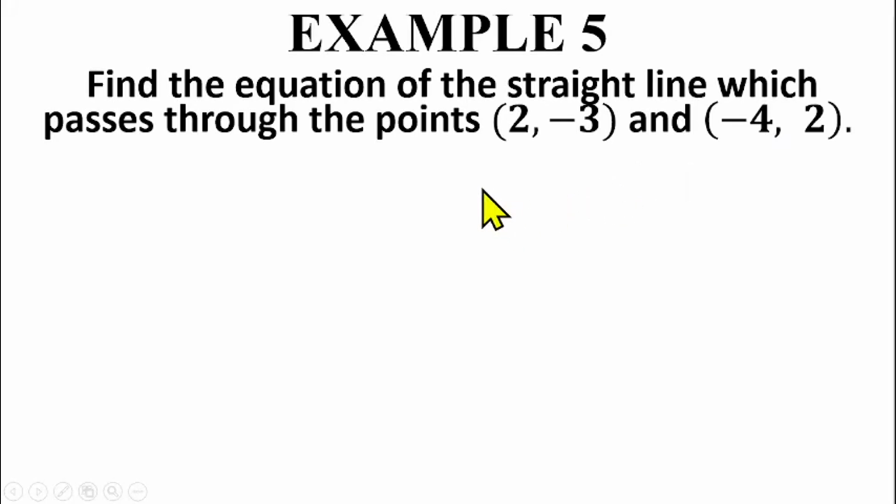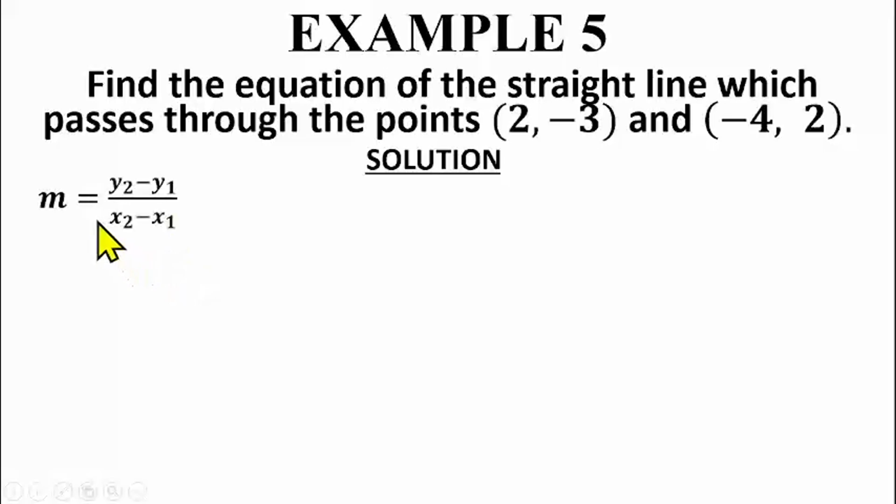Of course we know that the straight line passes through this point and this point, so we can find the gradient of the straight line using these 2 points. And don't forget that we have talked about how to find the gradient of a straight line given 2 points that the line passes through. So we can find the gradient of the straight line, which is m. Gradient is equals to change in y over change in x.